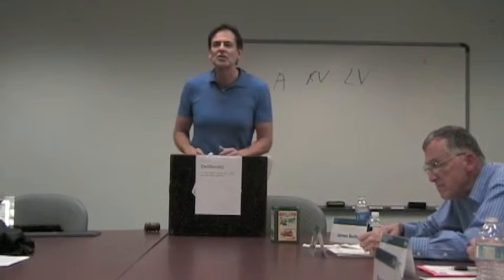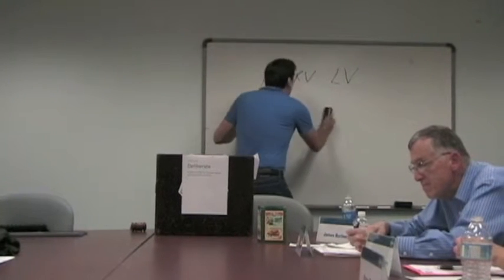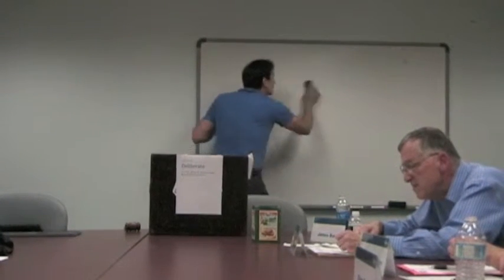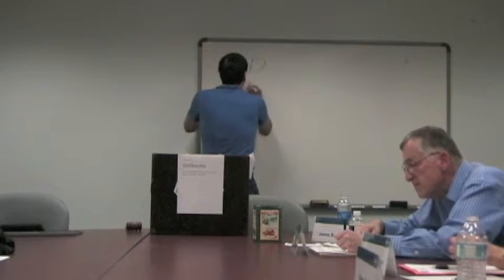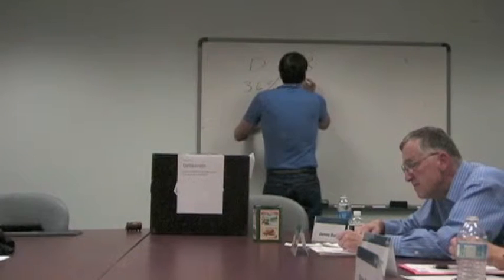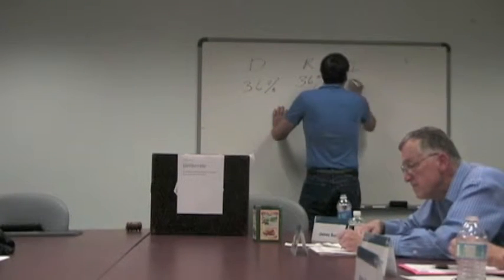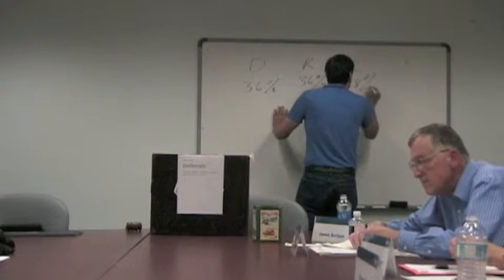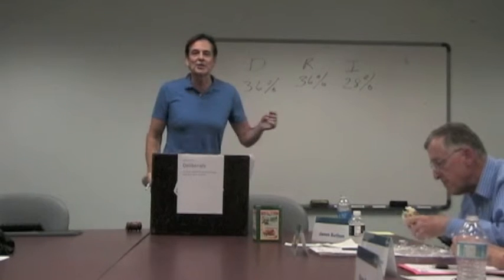Now, in the last national election, which was in 2010, the actual breakdown of voters along party lines was Democrats 36%, Republicans 36%, and Independents 28%. Now that number varies from election to election.